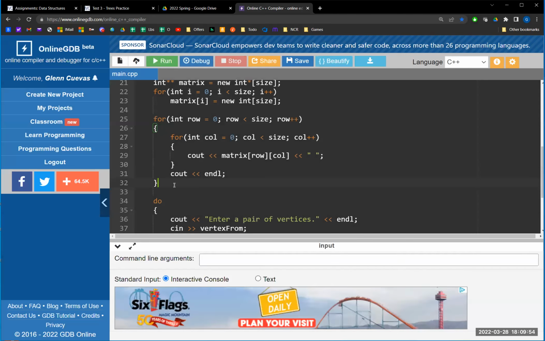So we ask for how many rows and how many columns, and load those up.